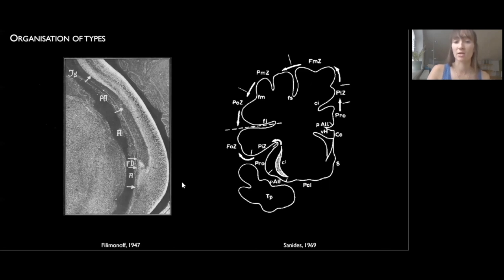And Sanides and others showed that this was a common pattern, that there was always a sequence of transitions through types from allo to isocortex. So out of the hippocampus, there's a sequence, or out of the piriform cortex, there's the same sequence, but it's just in a different lobe.